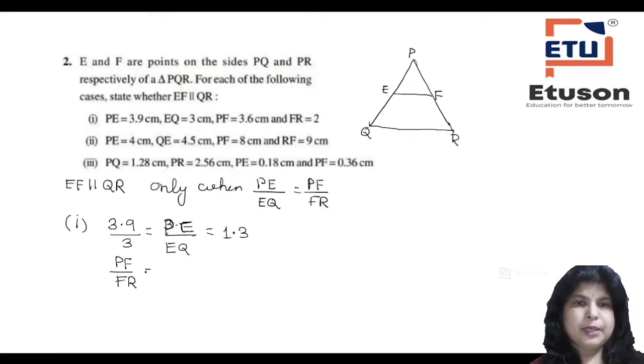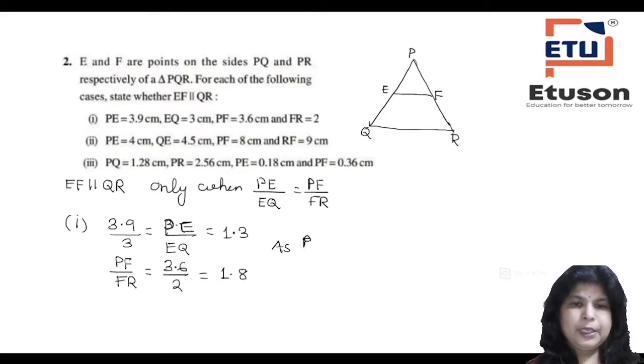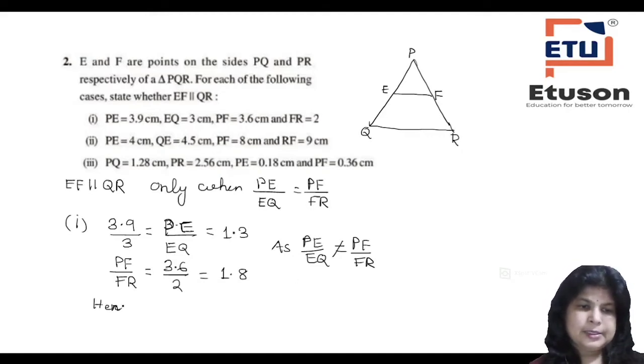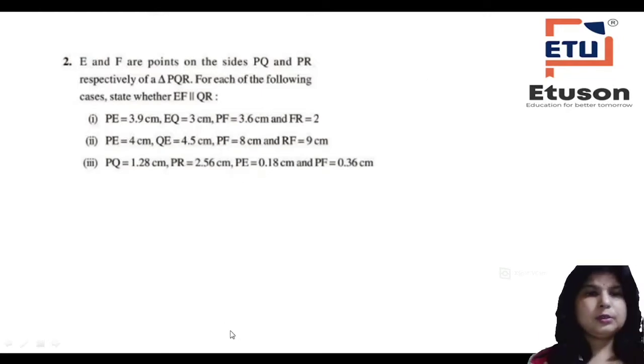So PF by FR is equal to, PF is how much? 3.6 divided by 2. So here your fraction is 1.8. So as PE by EQ is not equal to PF by FR, hence EF and QR are not parallel.